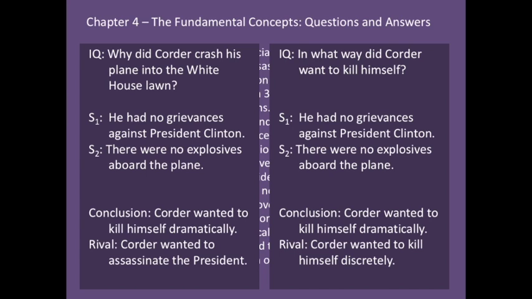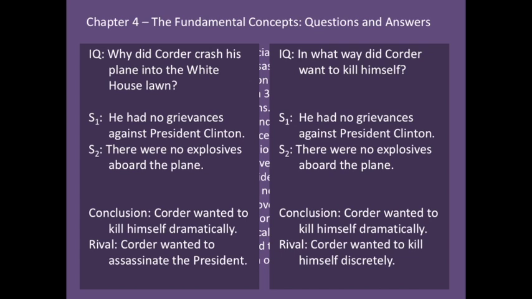In the same way, if the question is, in what way did Corder want to kill himself? Possible answers are going to be things like he wanted to kill himself dramatically, or he wanted to kill himself discreetly. Now, as we look at the interpretations here on the screen, by adding the rival conclusions to each of the interpretations, we make even clearer the fact that the left-hand interpretation is correct and the right-hand interpretation is not.